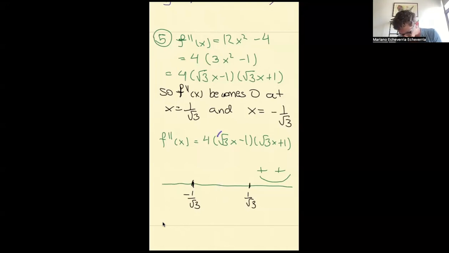If you choose 0, you get negative, and then positive. So this is negative, so you're sad. And then the last one, you can choose -1. If you choose -1 here, this gives you negative, and this also gives you negative. So negative times negative gives you positive. So it goes from concave up to concave down to concave up, or happy, sad, happy. Is that okay? Are there any questions about this?